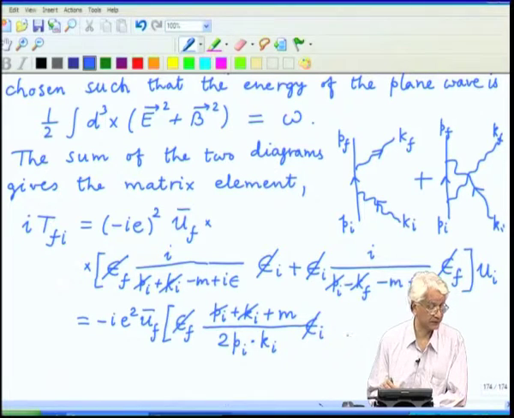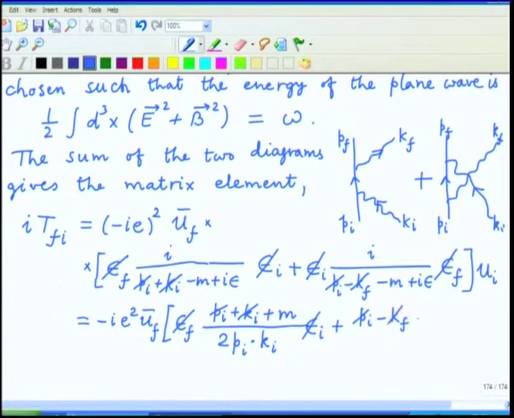Same thing can be done on the other side, or the other diagram as well, where the result is p i slash minus k f slash plus m.